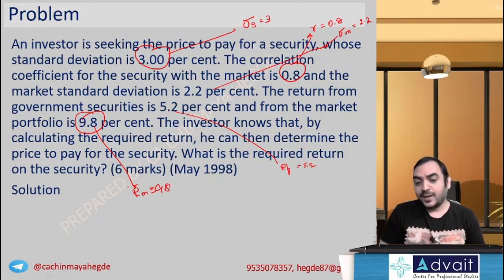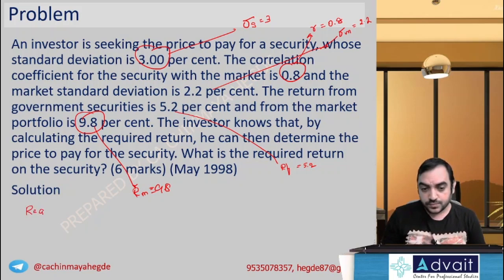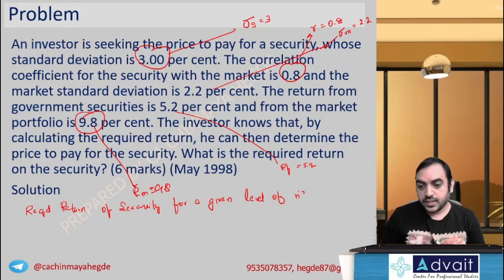The investor knows that by calculating the required rate of return, he can determine the price to pay for the security. So he can do valuation, but he wants to know the required rate of return. What is the required rate of return of the security? So required rate of return of security for a given level of risk, that is what is called the return as per CAPM.